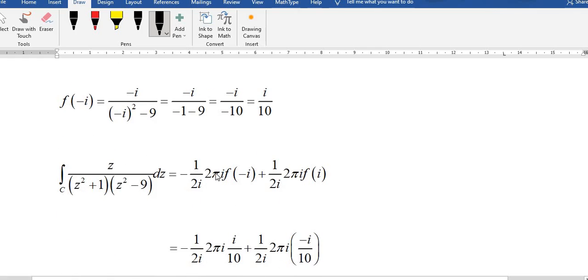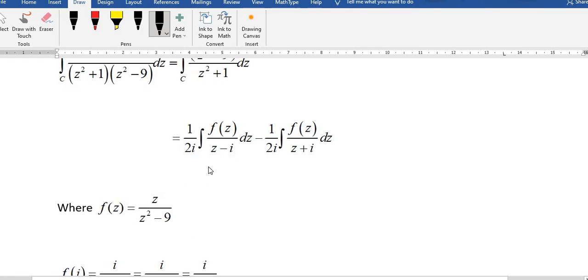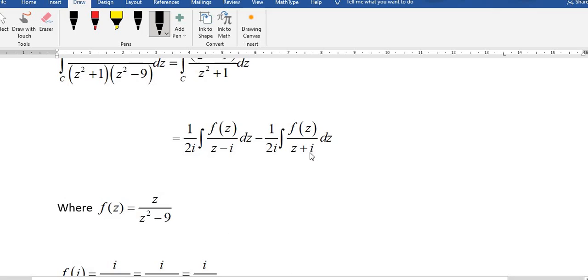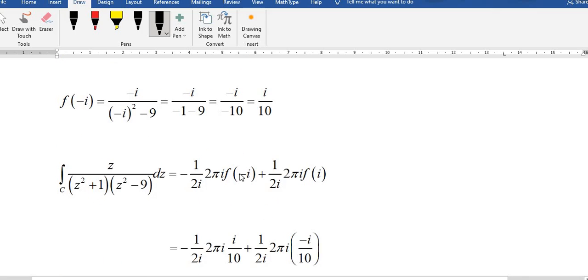Okay. So substitute here in this step using Cauchy's integral formula. Observe here minus 1 by 2i, 2 pi i. Why am I getting this? This is by using Cauchy's integral formula. 2 pi i times f of a, where here a is minus i, that's why f of minus i.